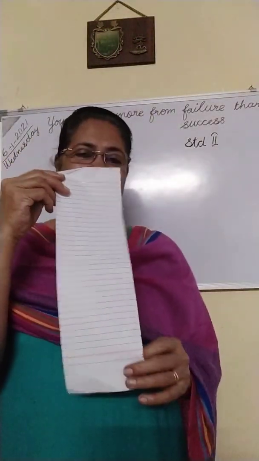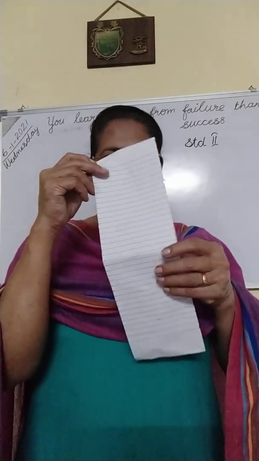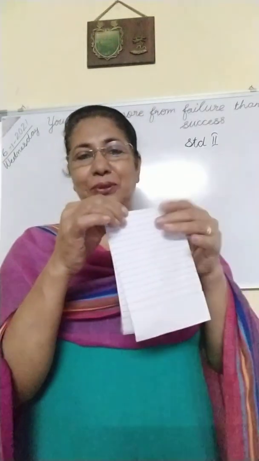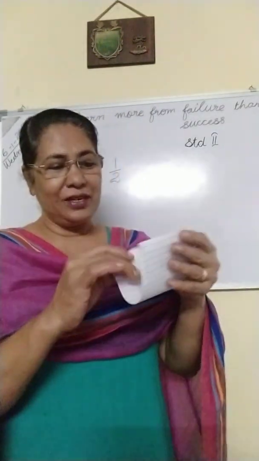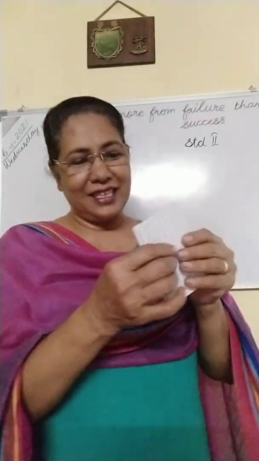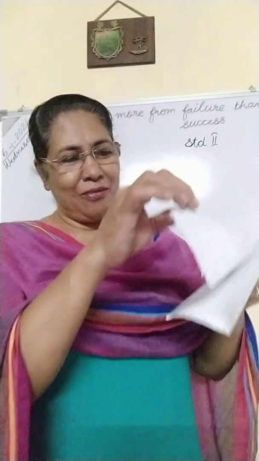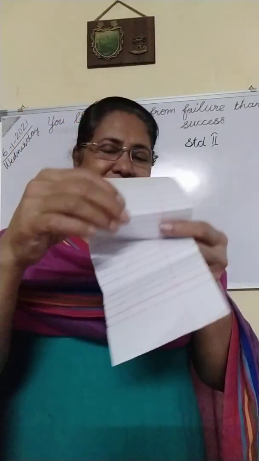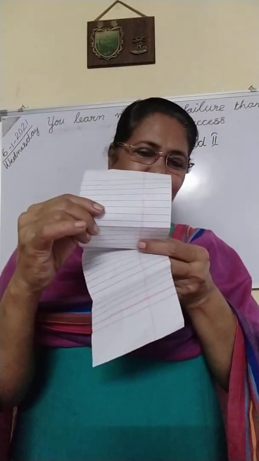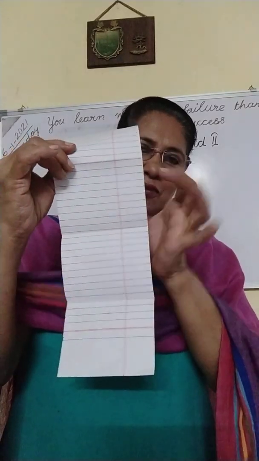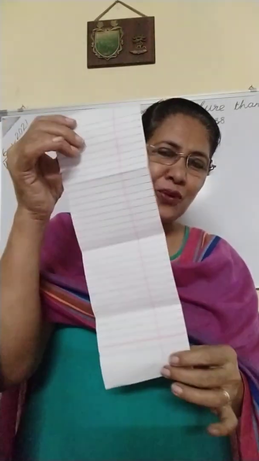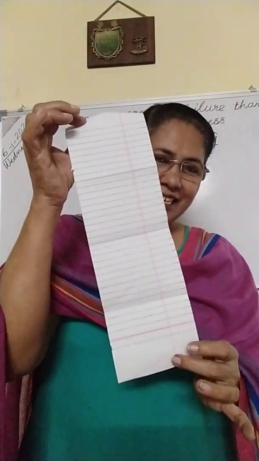Okay. Now again, look at this paper. I folded into 2. Now I'm going to fold it once again. And now you see how many pieces now? Look carefully. Then another folding here. Now 4 foldings are there, isn't it? So I made this one paper into 4 parts.